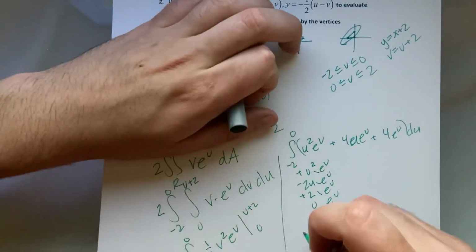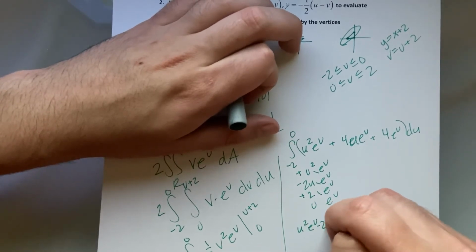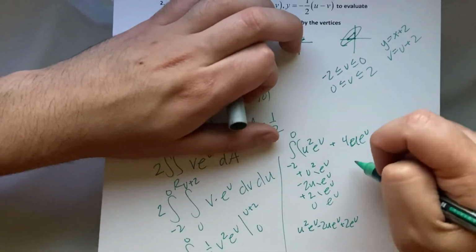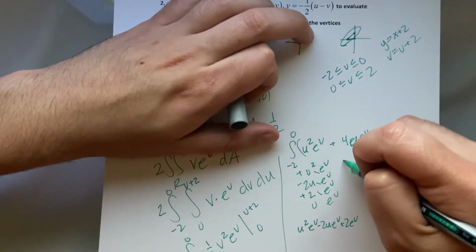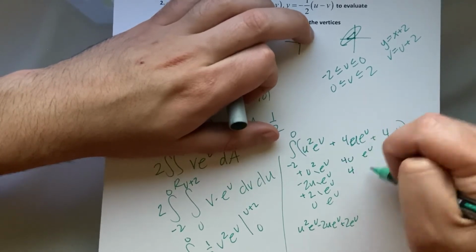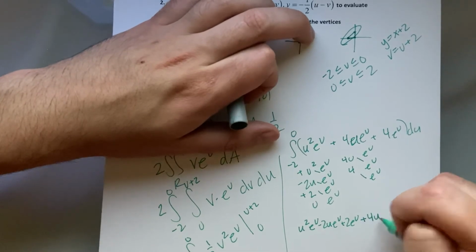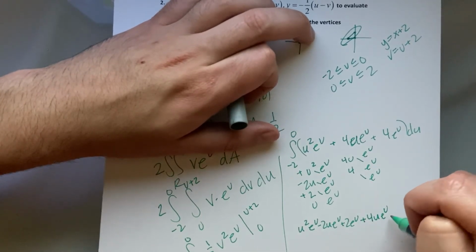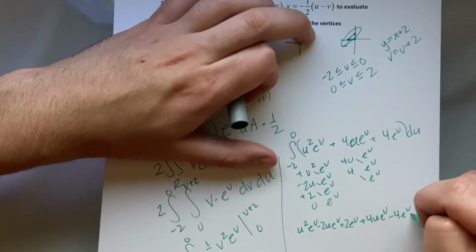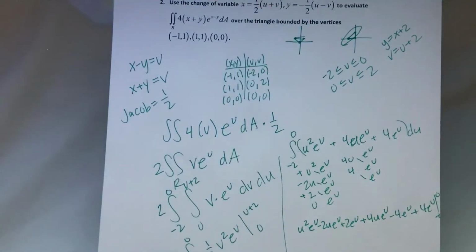So this one should be u squared e to the u minus 2u e to the u plus 2e to the u. The second one: 4u, then 4, with e to the u, e to the u, so plus 4u e to the u minus 4e to the u. The integral of 4e to the u is just plus 4e to the u, evaluated from -2 to 0.